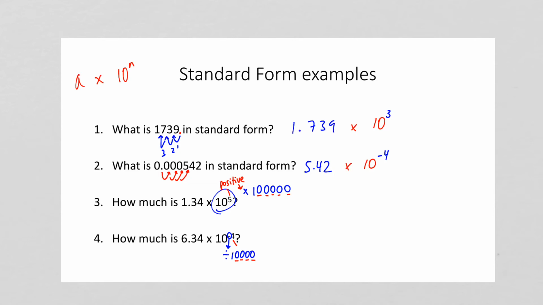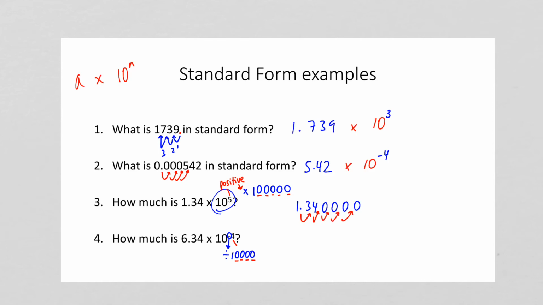So let's do it the longer way of moving the decimal place. We have 1.34. We're going to move the decimal place 5 times because it's 10 to the power 5. So there's 1, there's 2. We seem to have run out. So what we're going to do is simply add some zeros on. We're allowed to add these zeros on because they're after the decimal place. They don't actually change the number. So there's 2, 3, 4, 5.